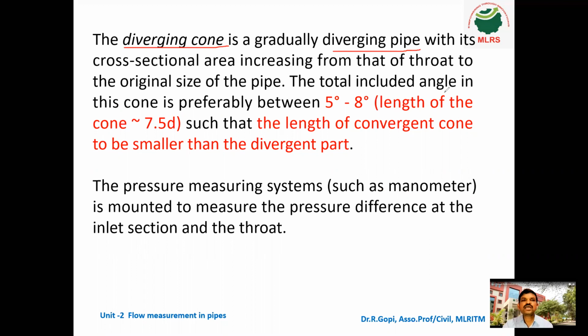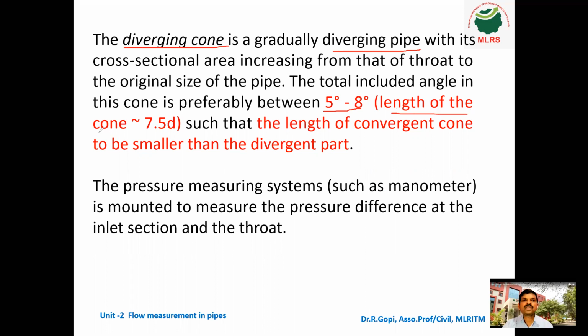The total included angle in this cone is preferably only 5 to 8 degrees. Actually the convergent cone angle is 21 degrees, but the divergent is only 5 to 8 degrees.